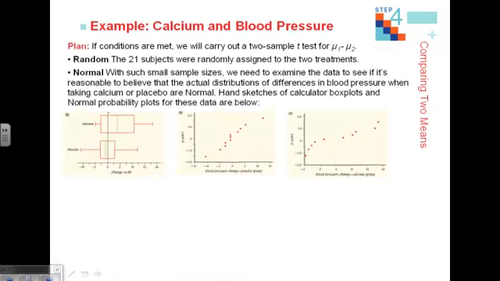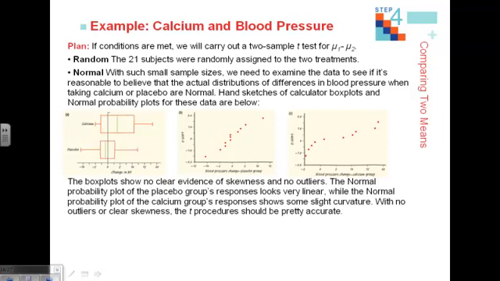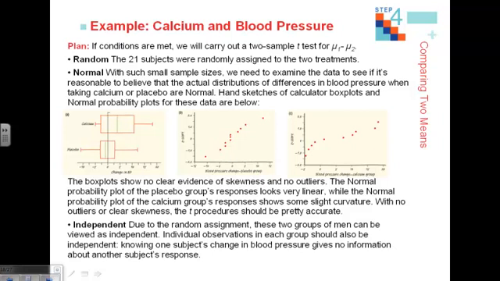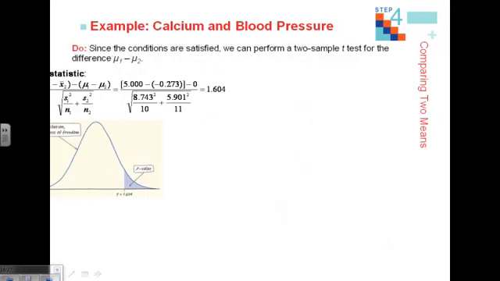Check the conditions. Check the normality of each set. Since these sets are pretty small, they're 21, all we're looking for is a lack of skewness, lack of outliers. Both of the normal probability plots are relatively linear. I say we pass the normality check. On from there, we calculate our t-value and our p-value.